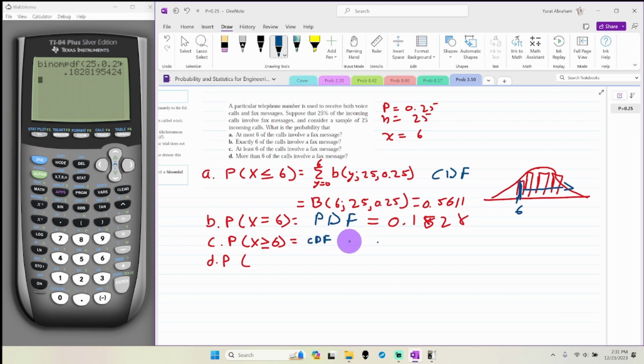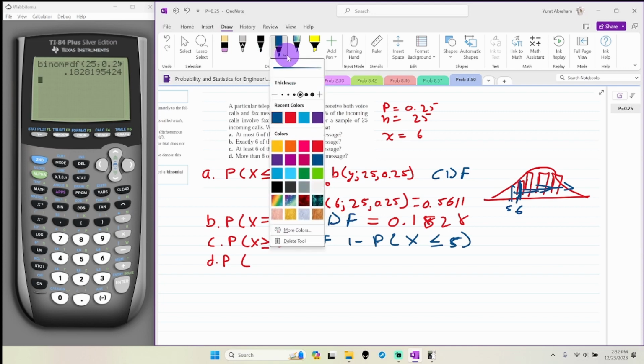However, we're going to do the following. 1 minus P x less than or equal to 5. What that really means is that we're starting from the 5, because we want to include the 6, and then we're going to do the 1 minus, for the reason that the calculator only reads it from left to right.